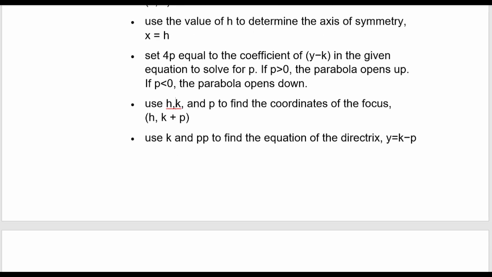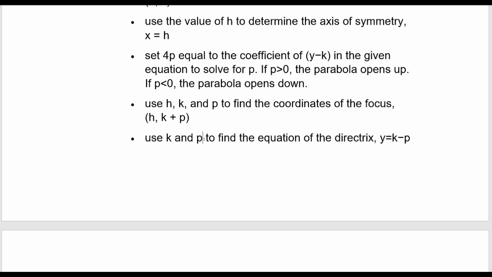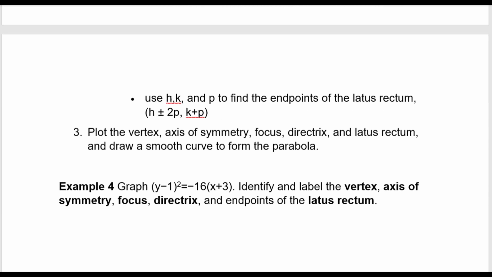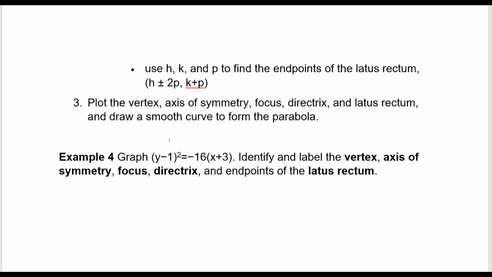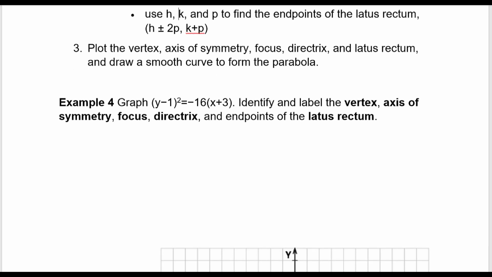Use h, k and p to find the coordinates of the focus, and use k and p to find the equation of the directrix. Use h, k and p to find the endpoints of the latus rectum, as you see here. So plot the vertex, axis of symmetry, focus, directrix, and latus rectum, and draw a smooth curve.